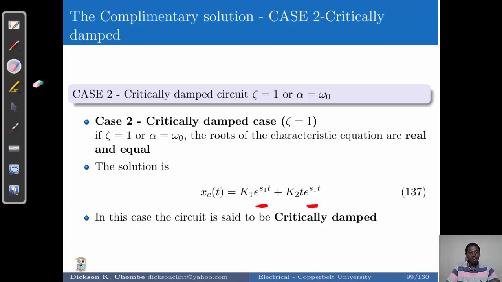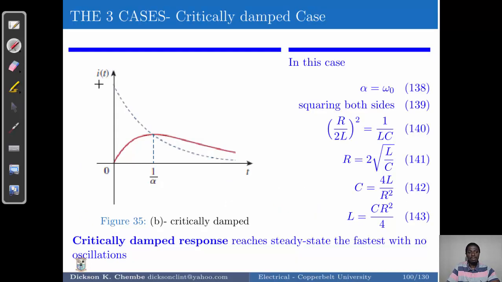What critically damped means, when we come to analyzing or damping a circuit, is that the critically damped response reaches steady state the fastest, and it has no oscillations. As you can see, it is very quick and stabilizes very quickly.